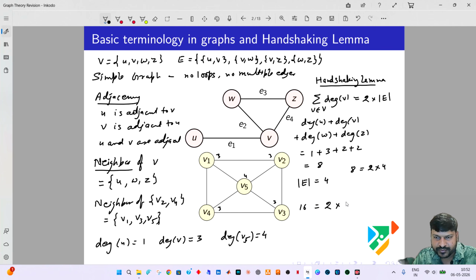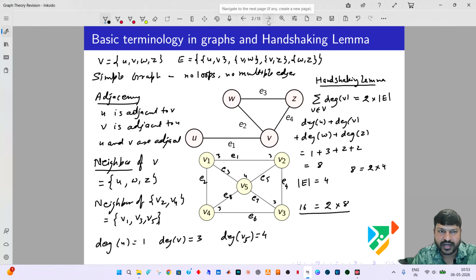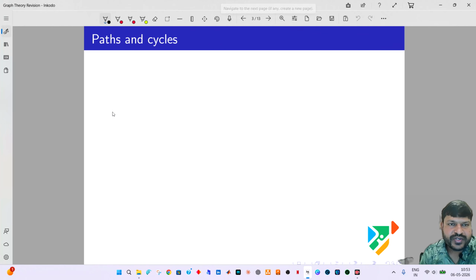It must be 8: 1, 2, 3, 4, 5, 6, 7, 8. So you see the number of edges is 8, and hence the handshaking lemma is verified for the second graph.